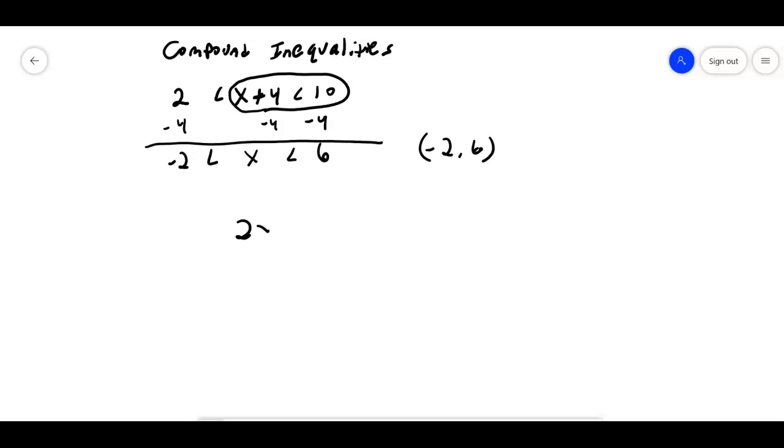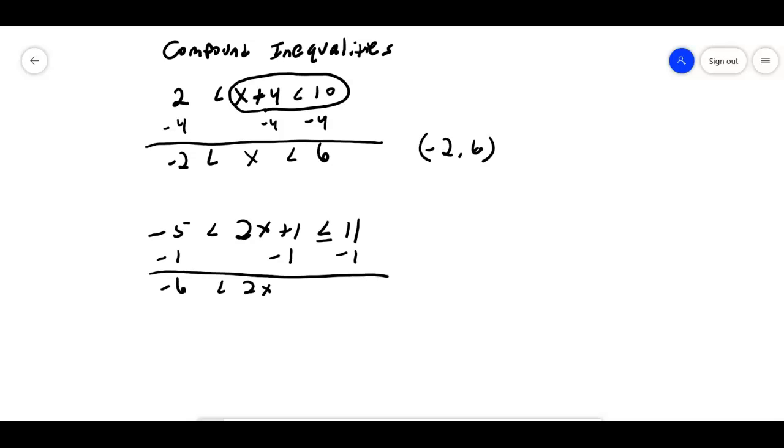Okay, let's say you had 2x plus 1. Say that's 11. And that's negative 5. All right, so again, I just do my normal steps of solving. I want that plus 1 out of there, so I go minus 1. And I have to do it to all three parts. Okay, so negative 5 minus 1.